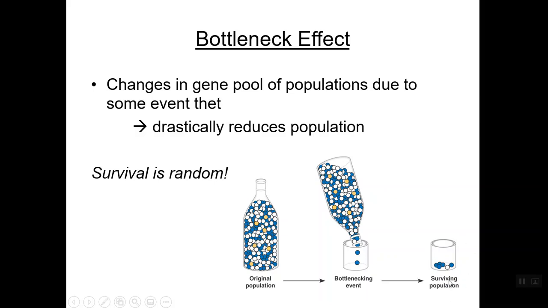So if this surviving population starts reproducing, now you may end up with allele frequencies that are very different from the initial ones. So this is one example, the bottleneck effect.